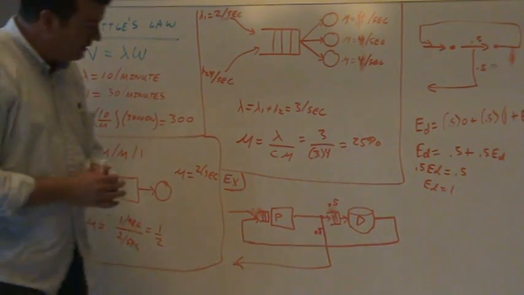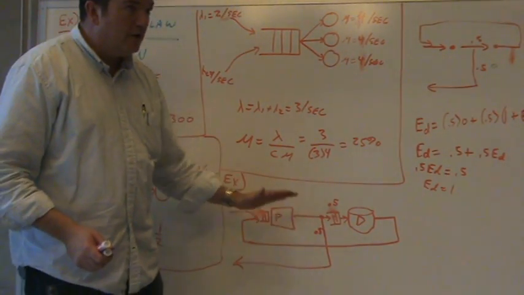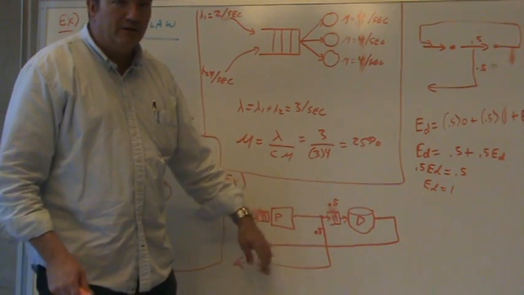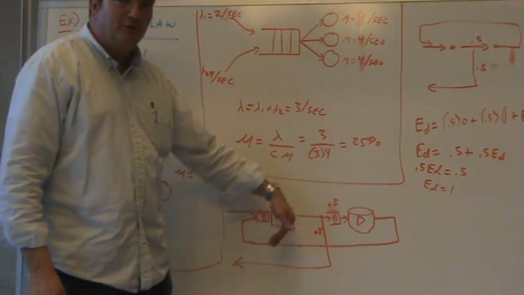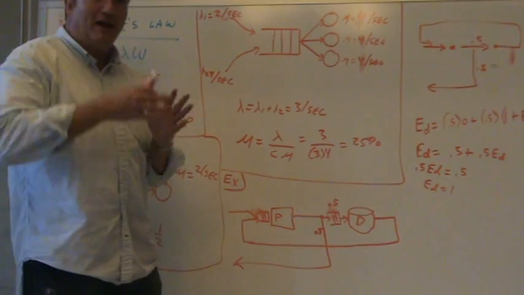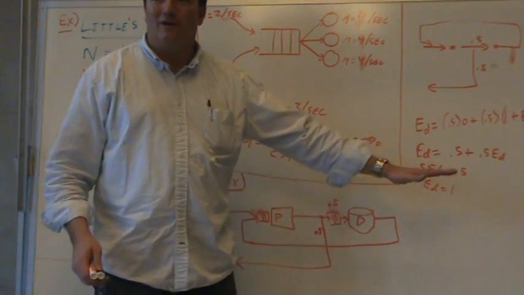So really, half the time it'll be 0, a quarter of the time it'll be 1, an eighth of the time it'll be 2, a 16th of the time it'll be 3, and if you added it all up, on average it comes out to 1.